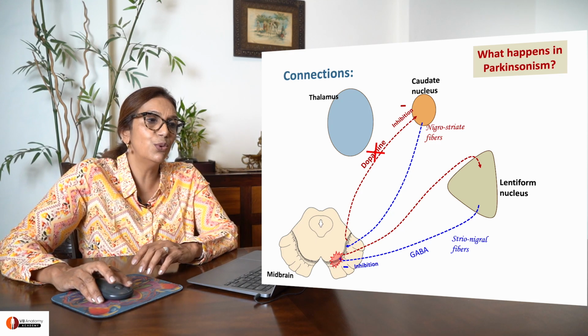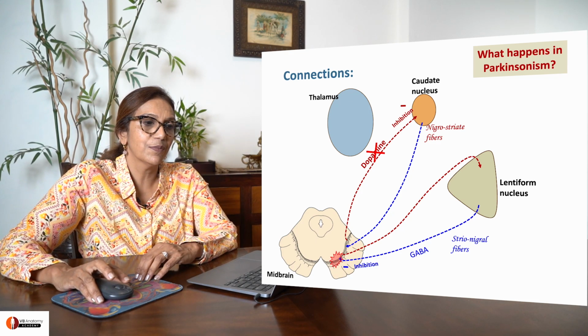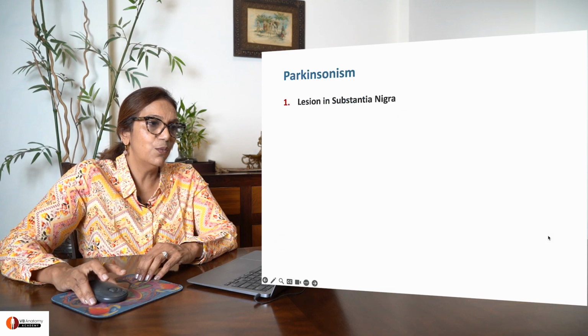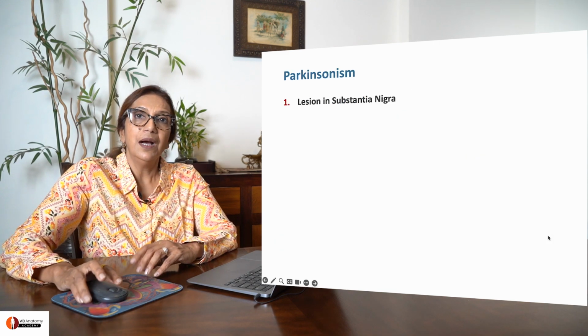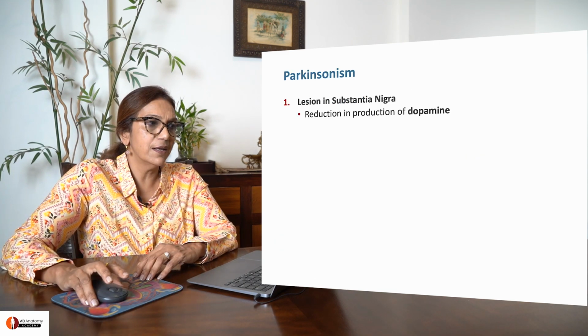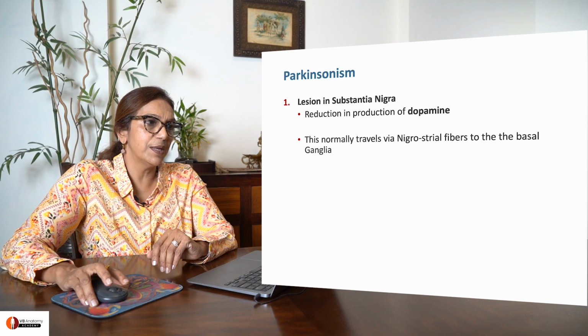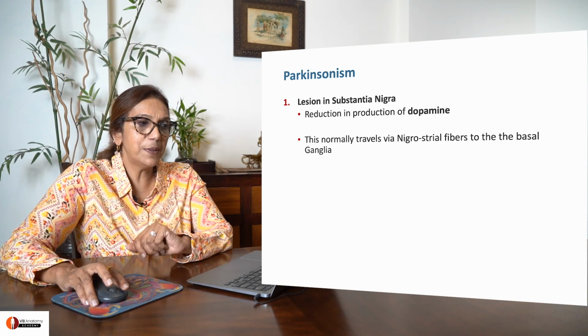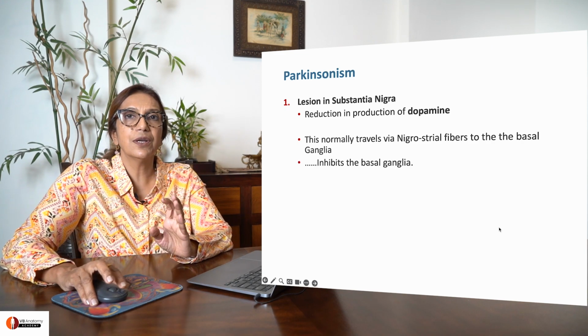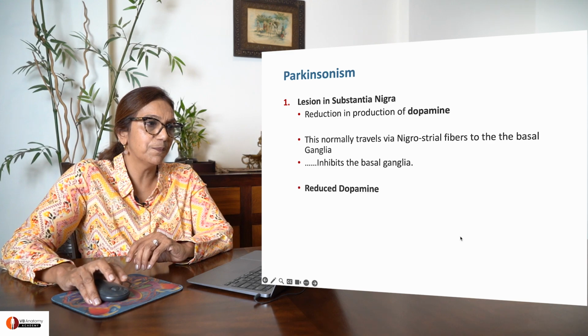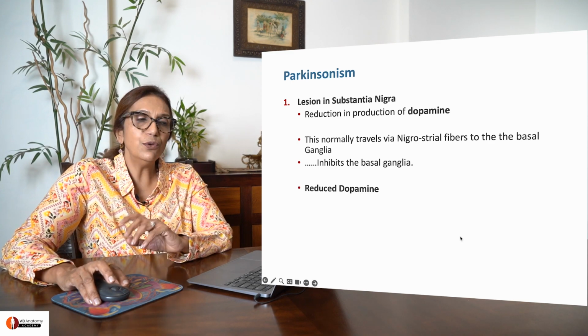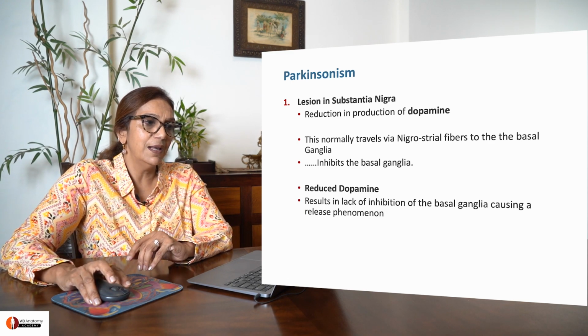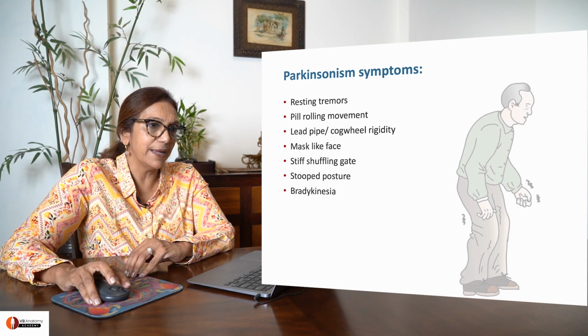Caudate nucleus is no longer inhibited. A lesion in substantia nigra results in reduced dopamine, which would normally suppress and inhibit the basal ganglia. Reduced dopamine results in lack of inhibition on basal ganglia, right?